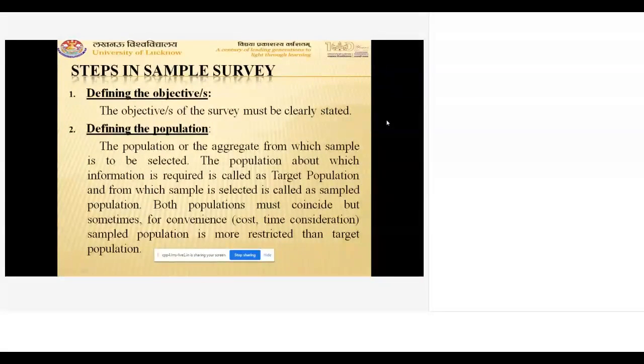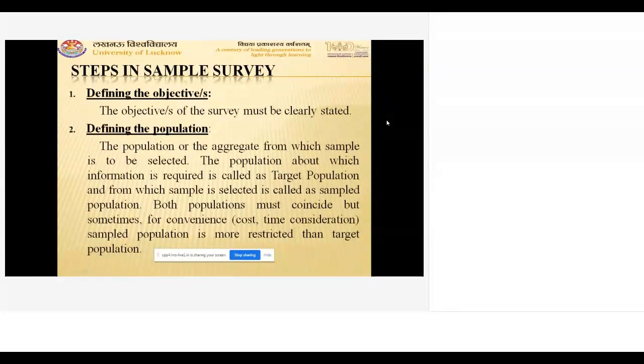Target population is the population about which the decision is to be taken. You can say the population of India. That is, if we have to conduct a survey for India, then the complete list of all the individuals in India will be called the target population.